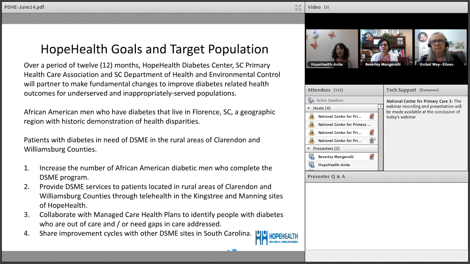And then, not a formal partner in this collaborative, but we were working with the managed care health plans in order to identify our patients with diabetes who had either fallen out of care or who had gaps of care. So, for instance, those people who hadn't had their annual retinal screenings or their diabetic foot exams.